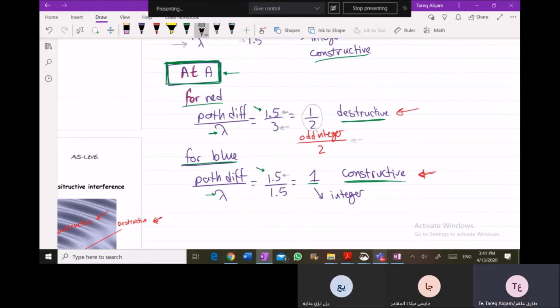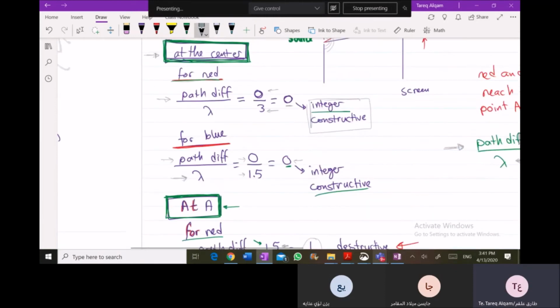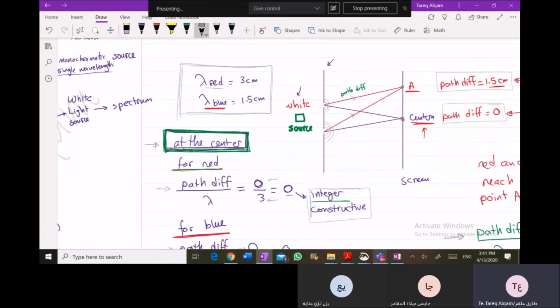As a result, the waves interfere destructively, so the red cancels out, and I will not see red at this position. If we take the blue, 1.5 divided by 1.5 gives 1, which is an integer, so the blue interferes constructively here. So at A, I will see the blue, but I will not see the red.